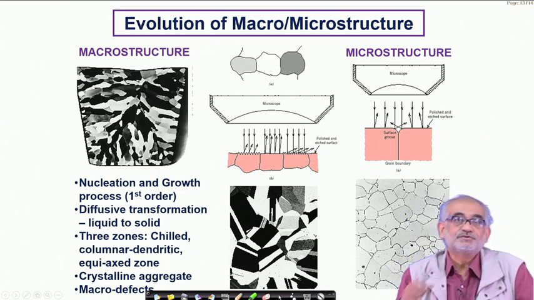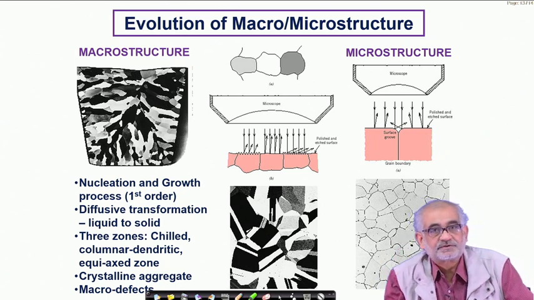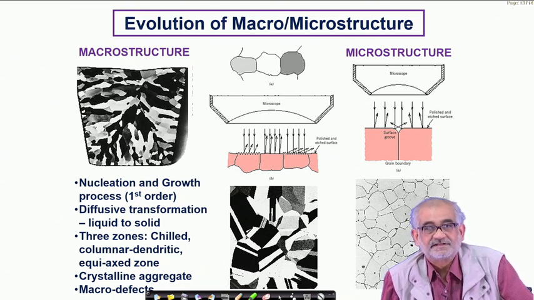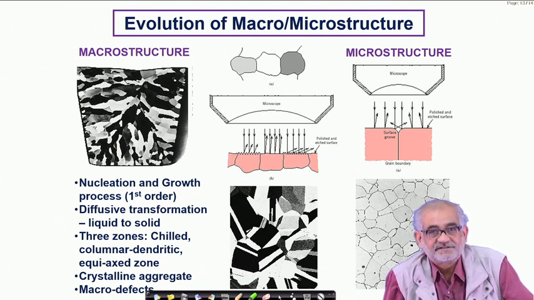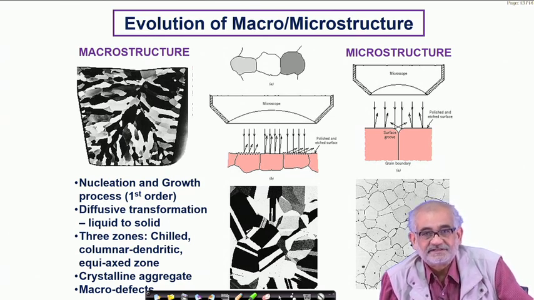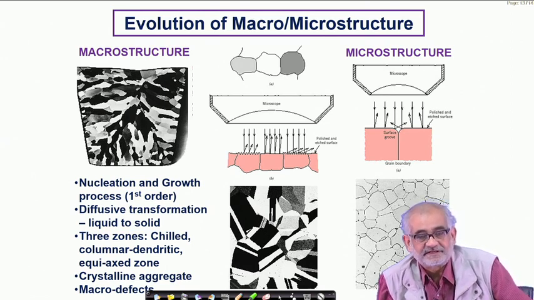So this leads to the concept called microstructure. As I said, to begin with, we must say that the first step to understand is the macrostructure, which by definition is the possibility of seeing the structures with the naked eye or at very low magnification.